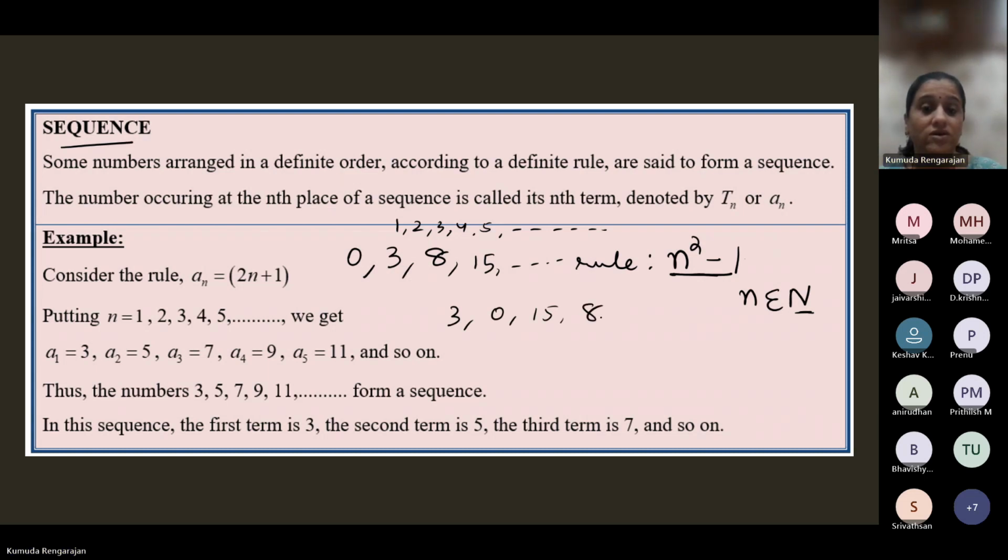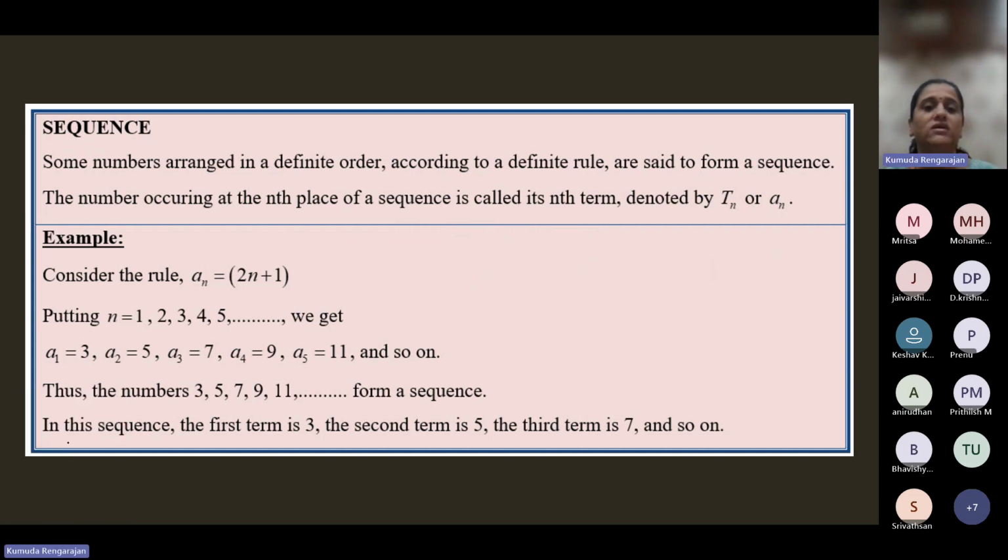No. You see a set of numbers written in a specific order, and they all follow this rule n square minus 1. The order is also important. A sequence is a collection or set of numbers arranged in a definite order, following a definite rule.